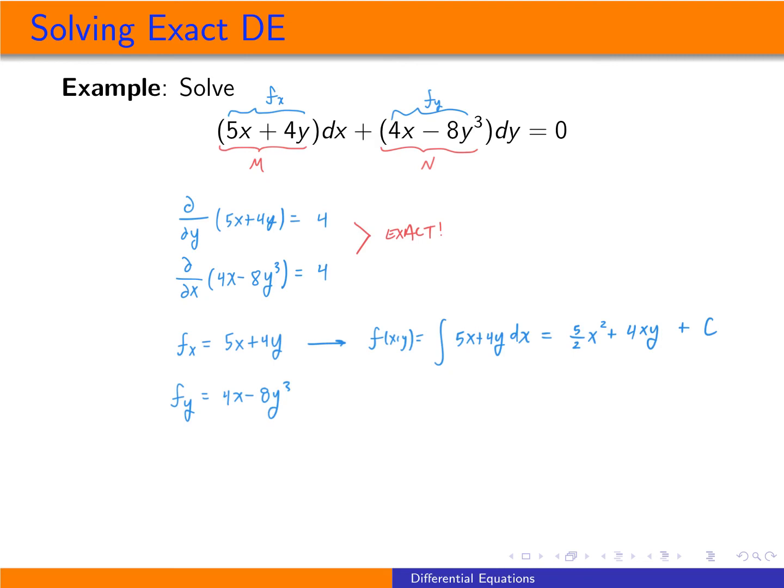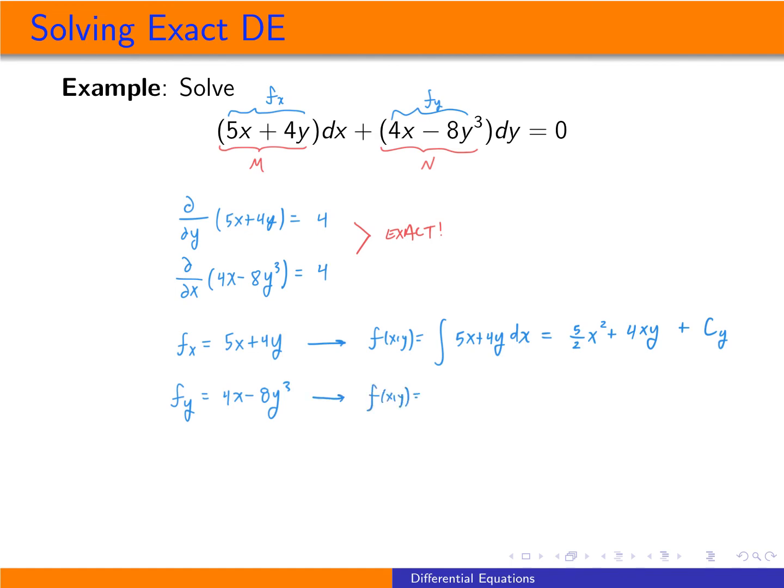We do have to be somewhat careful. This plus C represents all quantities whose derivative with respect to x is going to be 0. So that could be an honest constant, but it also could be a quantity involving only the variable y. So I typically will write this as plus C sub y, indicating it can involve y's.